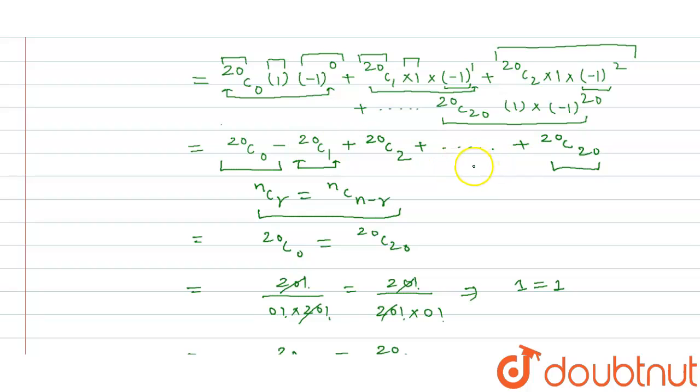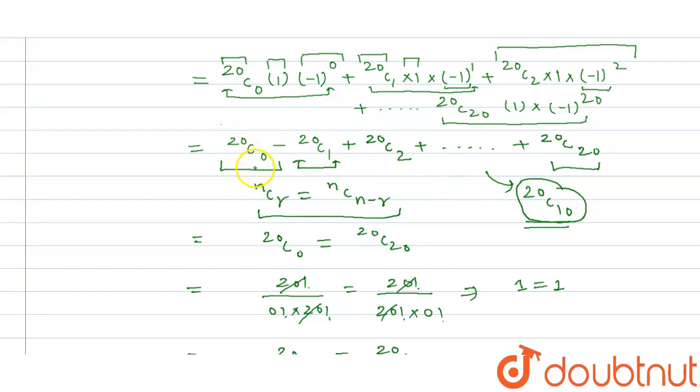And so on, the terms will be similar, but the one term which will not be similar to any term is 20C10, because this is single, it doesn't have any pair in this expansion.